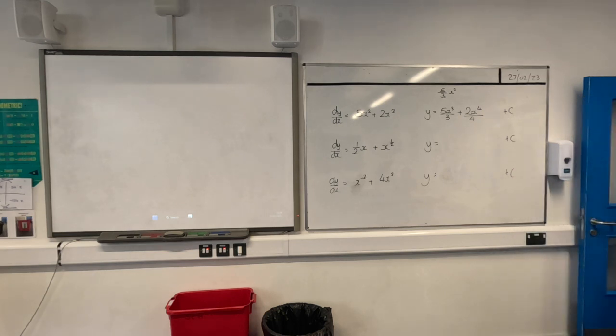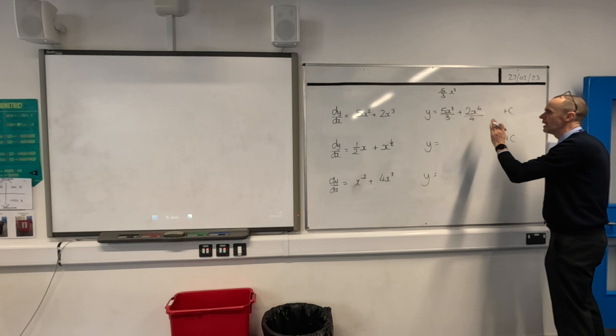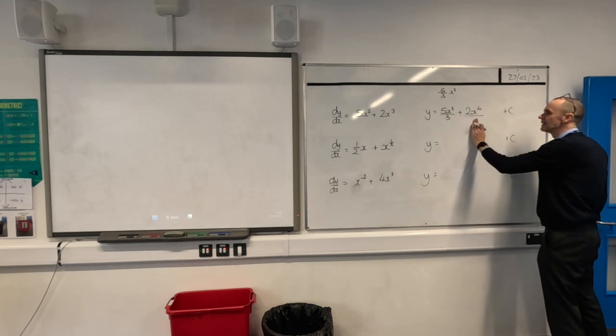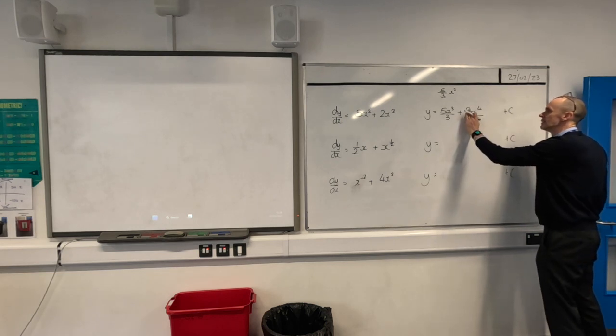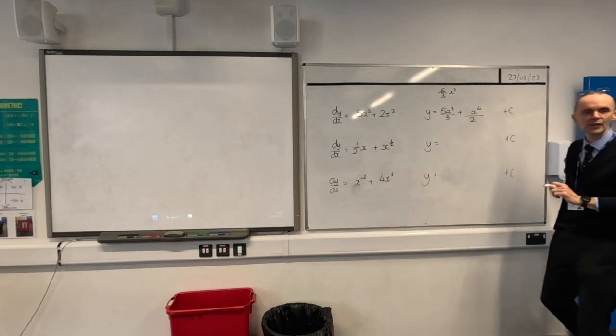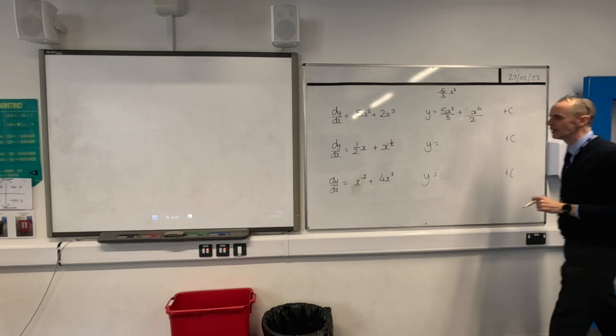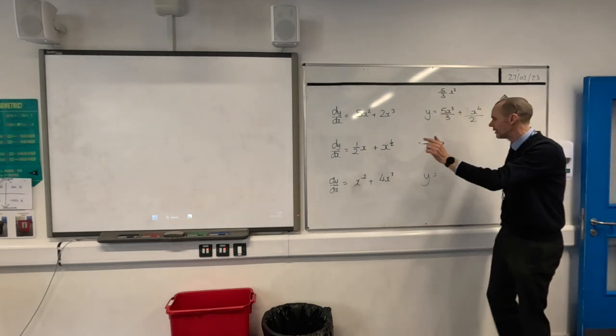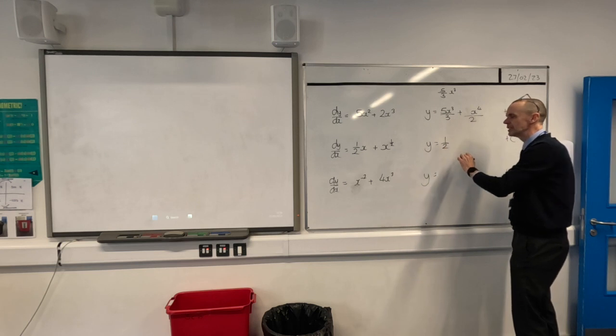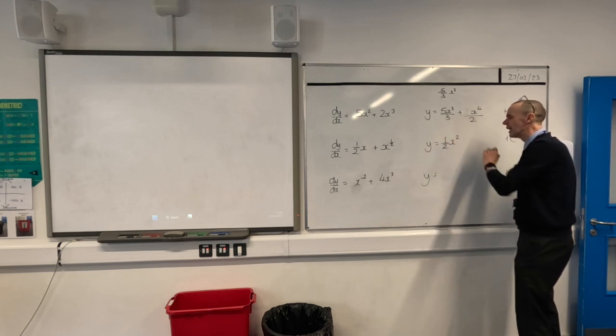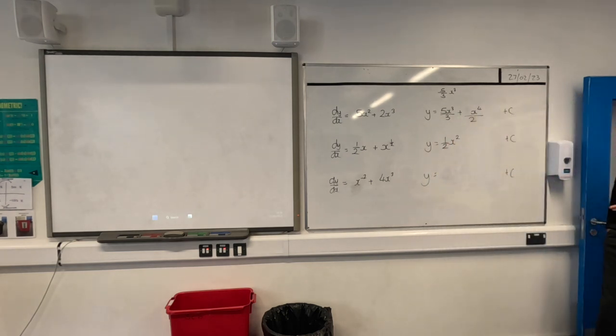Increase the power by 1, divide by the new power. But of course, 2/4 I can simplify. So I'm going to, having written that, simplify that to a half. So that's 2/4, 1/4. I'm going to get into the habit of doing that sort of simplifying. Here, the half passes through unchanged, increase the power by 1, and divide by the new power.